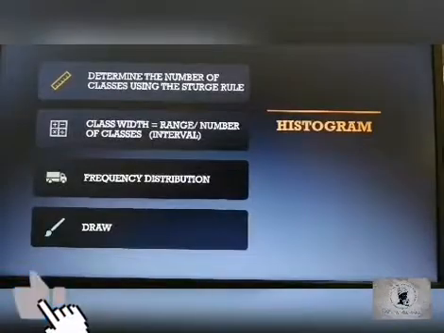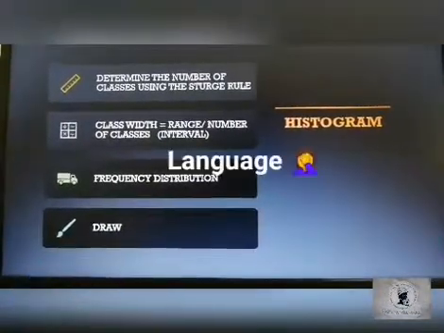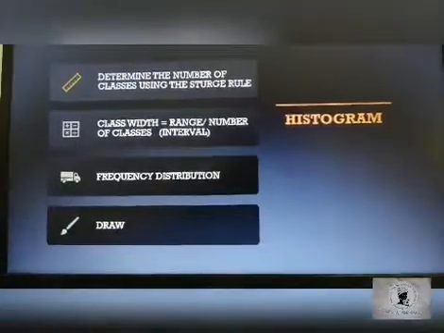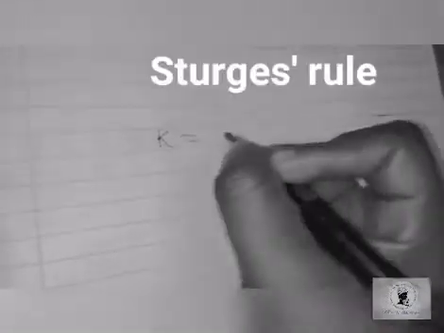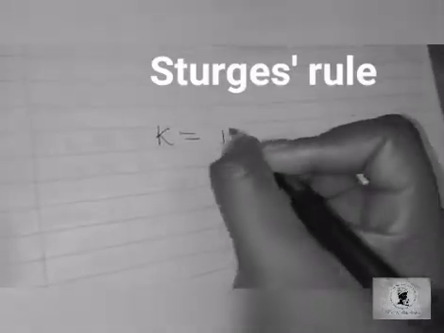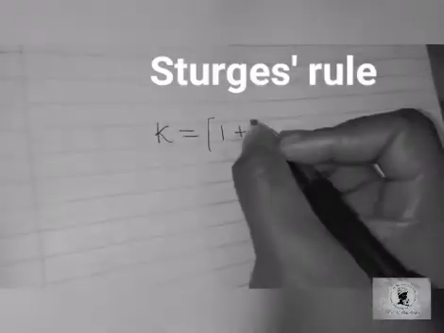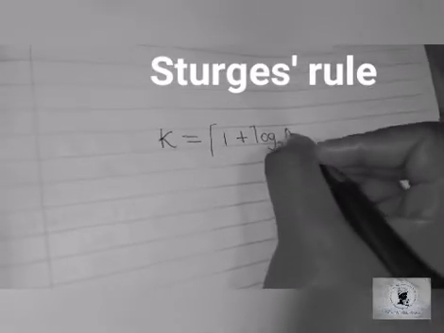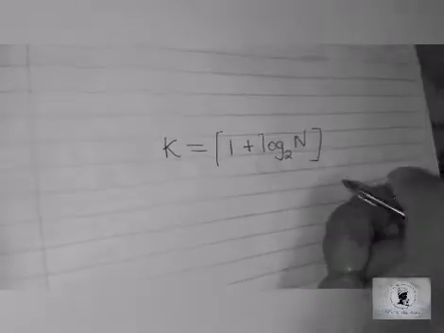Number 3, histograms. How to draw a histogram. Number 1, determine the number of classes using the Sturges rule. N is the number of data that you have in your set.